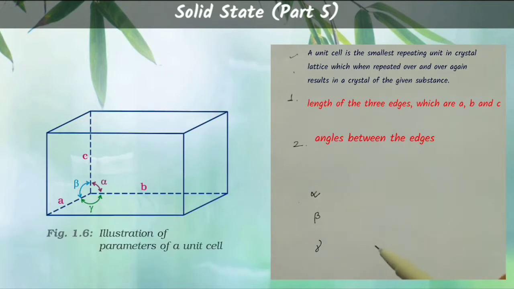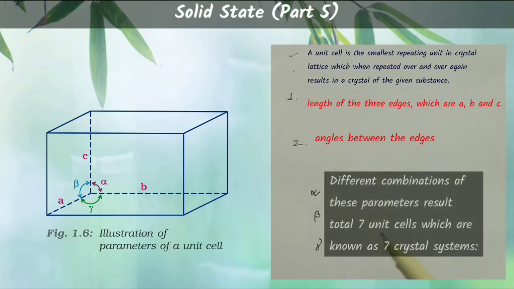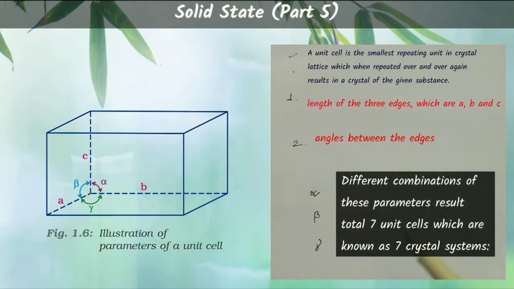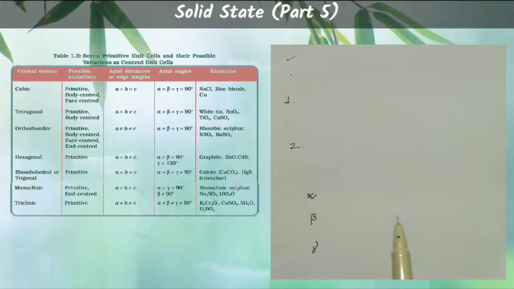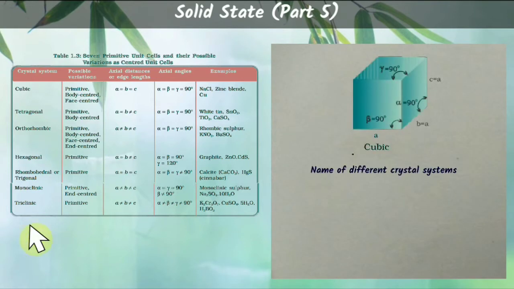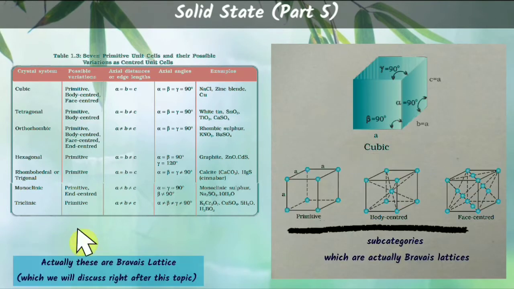A total of 7 combinations of the parameters are possible, which result in 7 unit cells, and these unit cells are known as the 7 crystal systems. Some basic descriptions of these 7 crystal systems are shown in the given table. The first column represents the different crystal systems, and the second column represents the subcategories of the crystal systems.